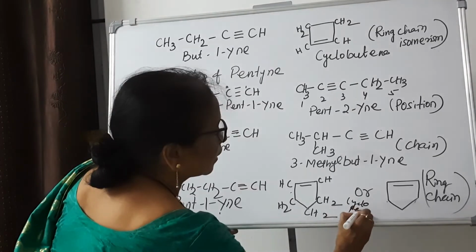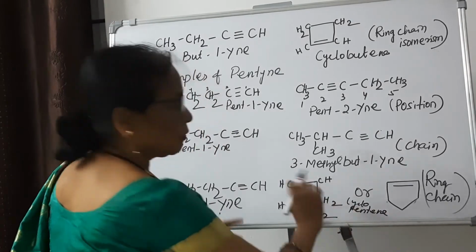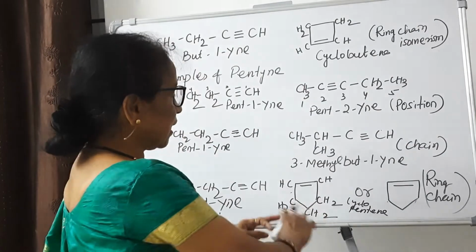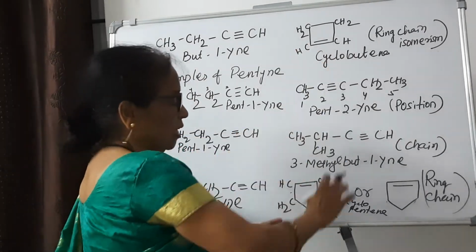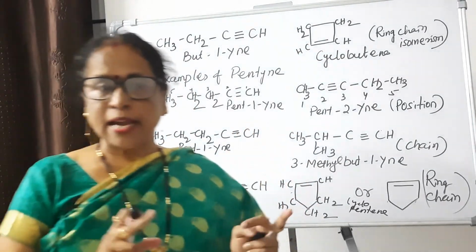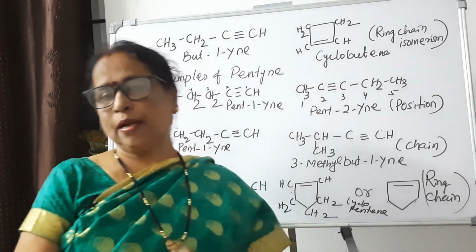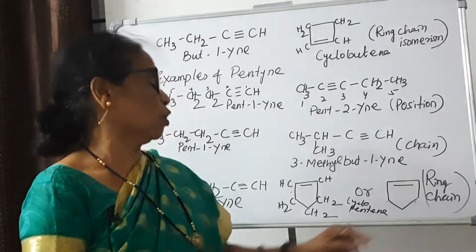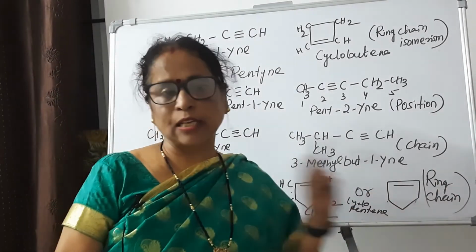You should write the name cyclopentene. That means it is in the form of a ring structure, and here one double bond is there, and the name is cyclobutene in the earlier case. Here it is cyclopentene. Pent means 5 carbons, ene means 1 double bond, and cyclo means ring structure, closed structure. So it follows ring chain isomerism.